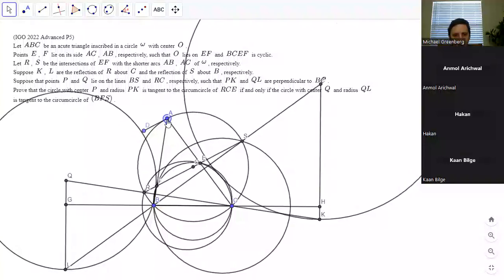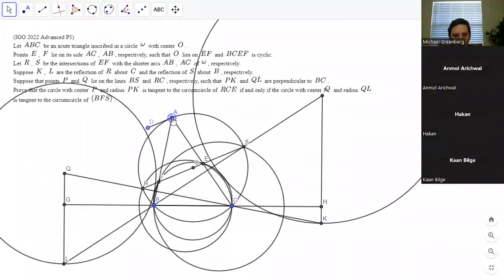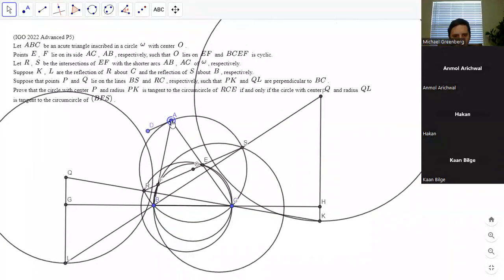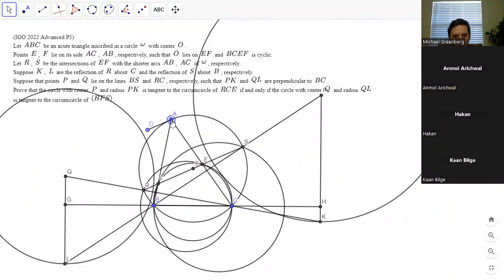So this is RCE, and these are very close to being tangent. Then if we have this circle with BFS, there's a gap.